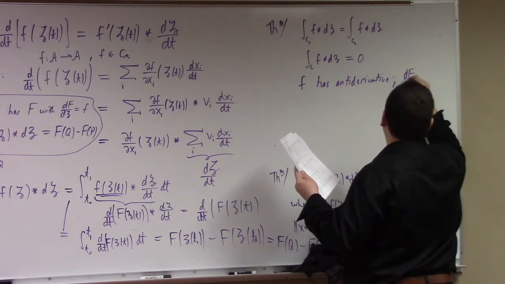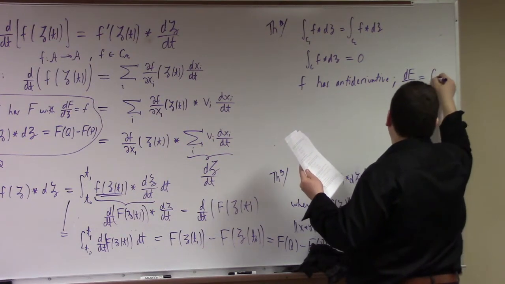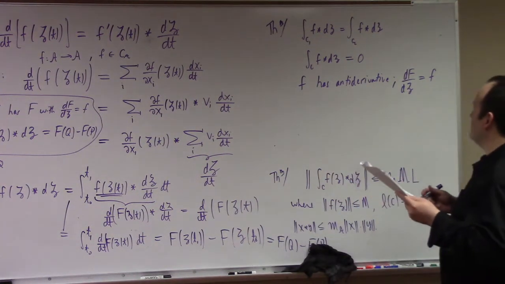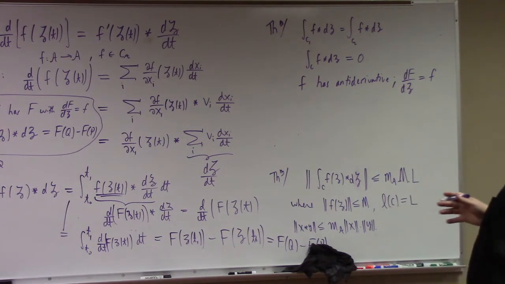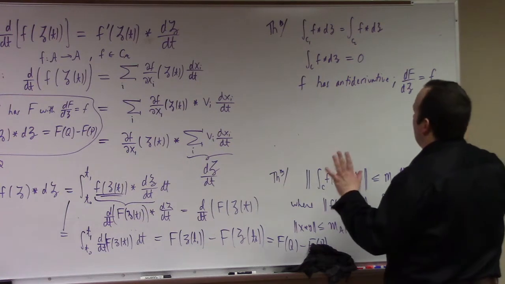The derivative of big F with respect to zeta equals little f. Now, I'm being intentionally vague. So this is all in context, right?